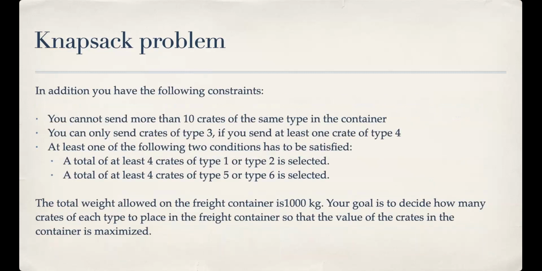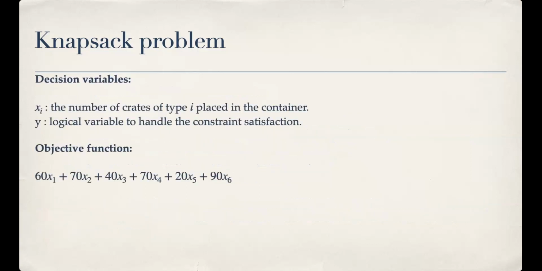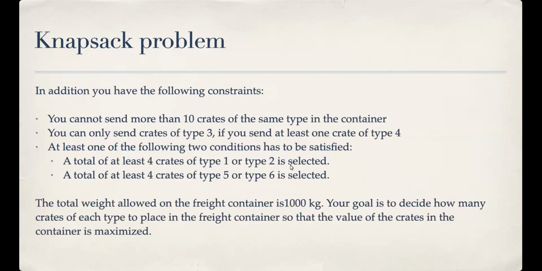Think about it. What do you think is a good set of decision variables? The number of crates, right? The number of crates for each type. We need the number of crates for type 1, type 2, until type 6. That is fundamental, right? But we want one more decision variable to represent whether a condition is satisfied or not.